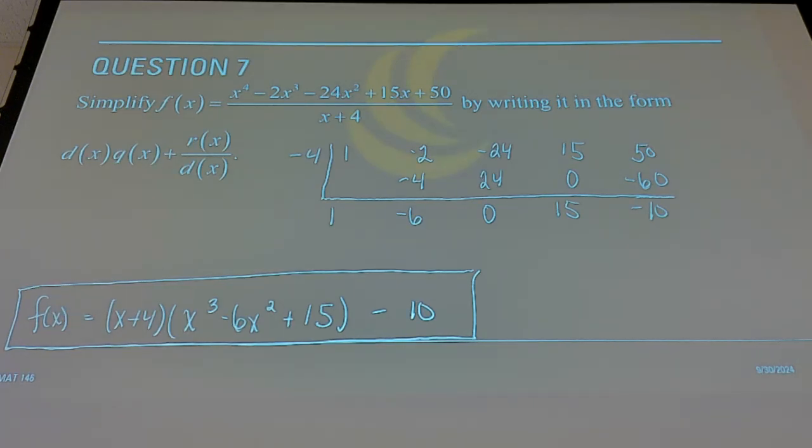So what was my intention here? I think it was to ignore that d of x out there. I think we're just to write this q of x plus r of x over d of x. I think that was the intent.